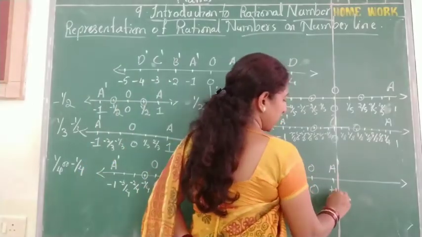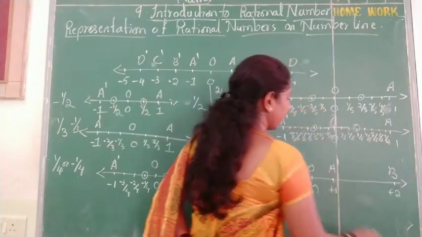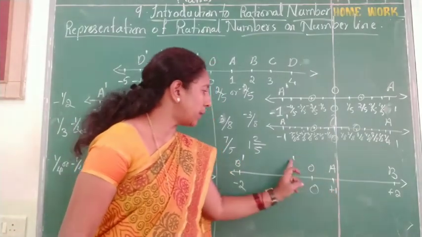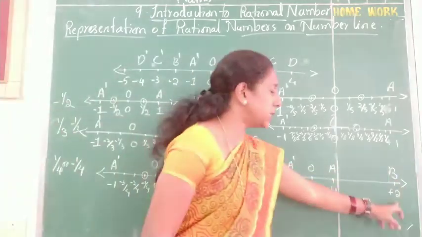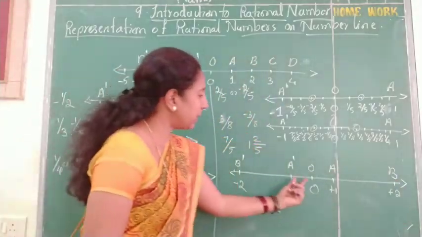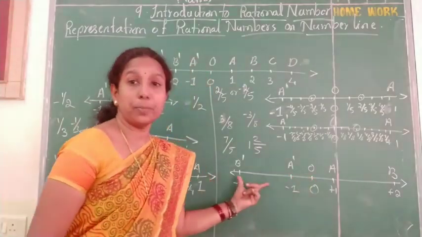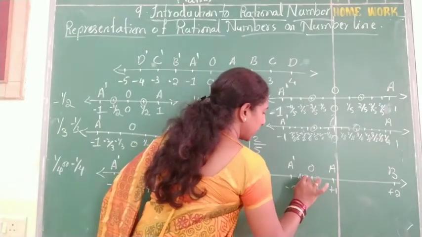And here this is the plus 1 and here I will take plus 2, that is the B. Okay, so A means plus 1, A dash means minus 1, B dash means minus 2, B means plus 2. Here I have taken very close to this, they are not equal, but we know that it should be equal length. So what I will do here in between, I will mark like this.